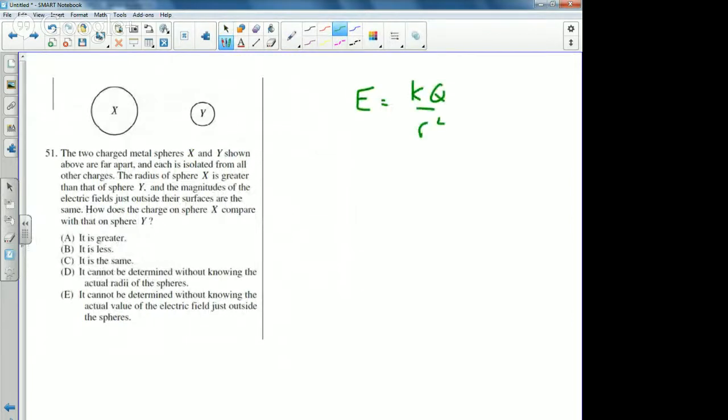Now, normally when we deal with the formula E equals KQ over R squared, we're dealing with point charges, right? So let's say that has a Q of whatever, then we can figure out the electric field at whatever point there is, at a certain distance away. But when you're dealing with a larger sphere, you still measure all distances from the center.